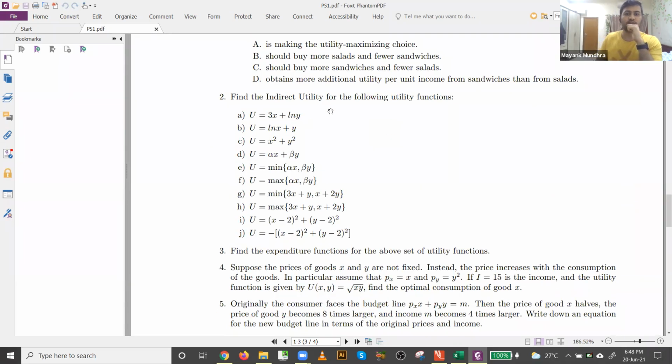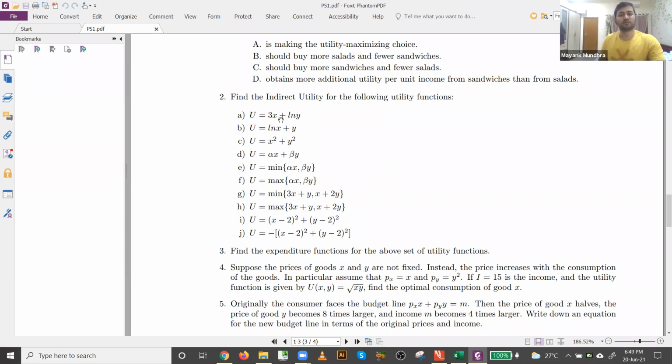We have a bunch of different problems to solve. In this, we want to find the indirect utility functions for different cases. So let us look at a few cases. I want you to work on these cases, and obviously I'm going to discuss them, but right now I'm going to take a few of these.